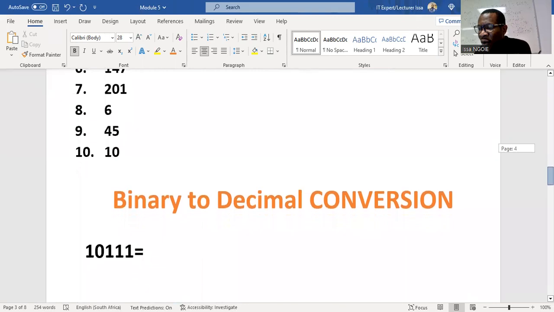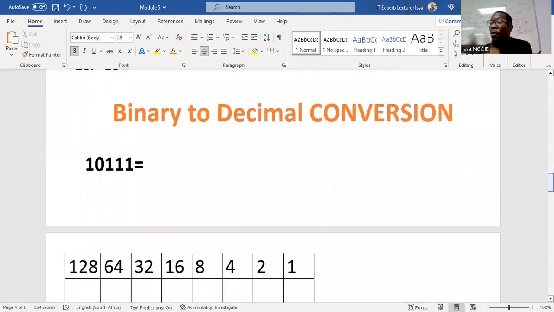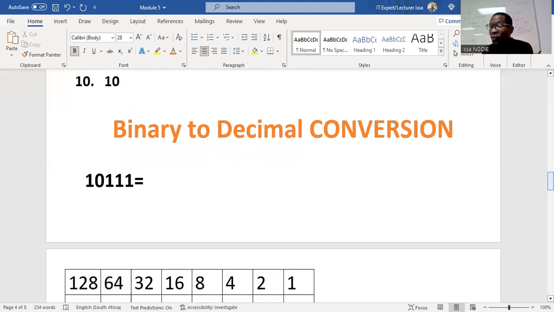Let's move now to how to convert from binary to decimal. How to go from binary to decimal, right? Very, very easy. Like this one, they want you to convert 1 0 1 1 1. How to go now from binary to decimal? Which number is this one?